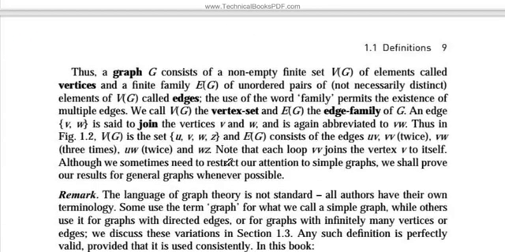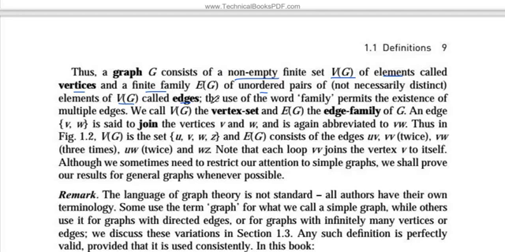Now we have studied that a graph G consists of a non-empty finite set V of G of elements called vertices, and a finite family E of G of unordered pairs of elements of V of G called edges.